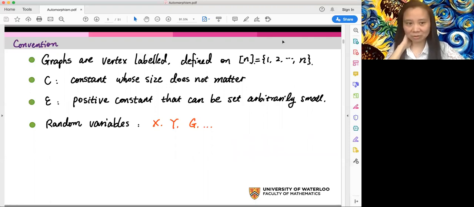Whereas if there's some epsilon there, it's also a constant, but usually the statement has to hold for all sufficiently small constants. So epsilon represents some small constant and the C represents some constant that doesn't matter. Random variables in this talk, I will try to preserve the red color for it. So when you see red, you know it's a random graph or random variable.